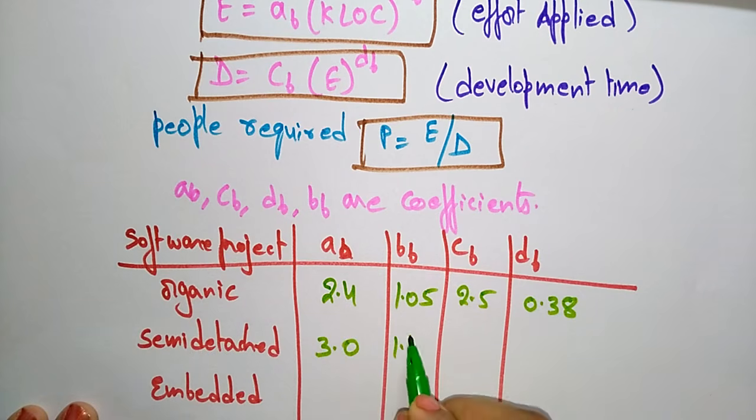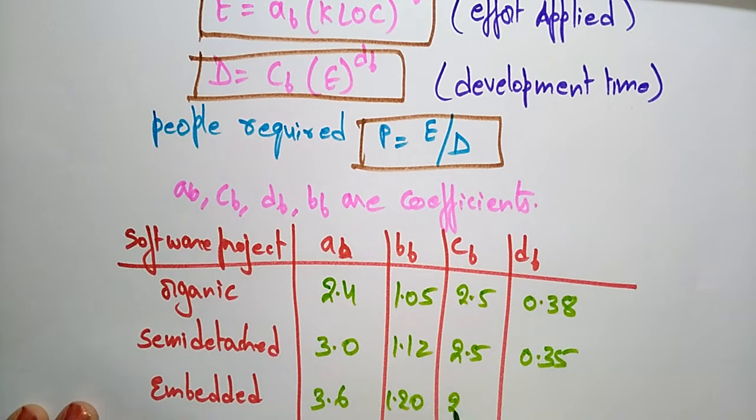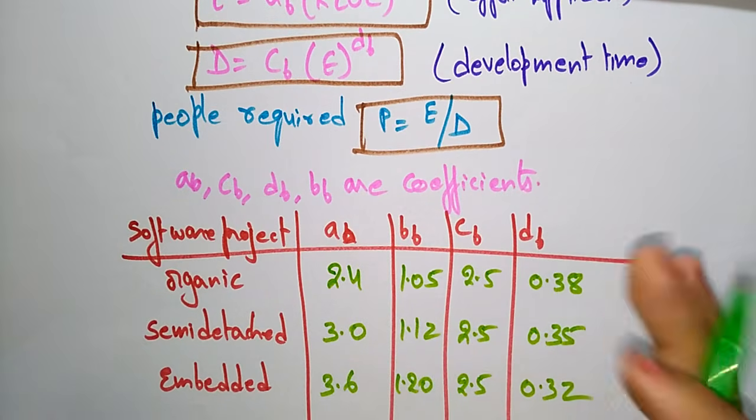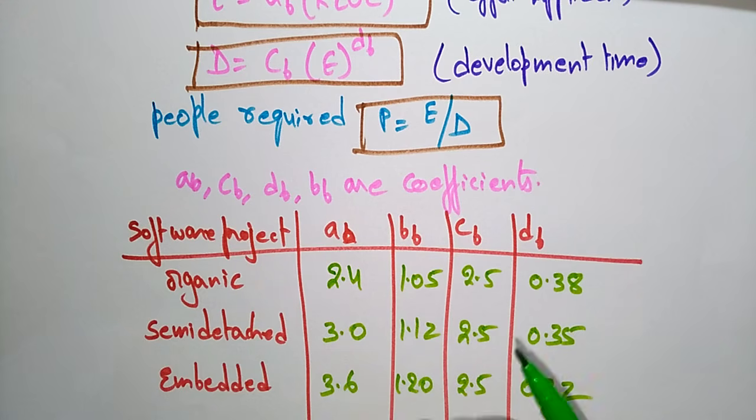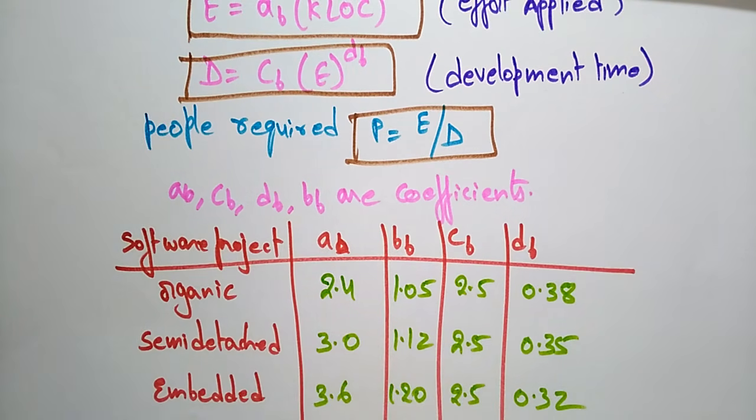Semi-detached: 3.0, 1.12, 2.5, 0.35. Embedded: 3.6, 1.20, 2.5, 0.32. So these are the standard values for whichever mode you have taken, whether basic COCOMO or intermediate.